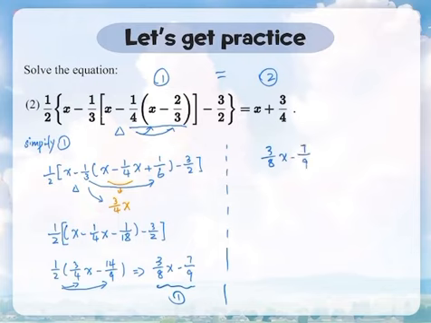3/8x minus 7/9 equals x plus 3/4. A little calculation needs to be done. You move the terms to the other side, you get negative 5/8 x equals 3/4 plus 7/9.